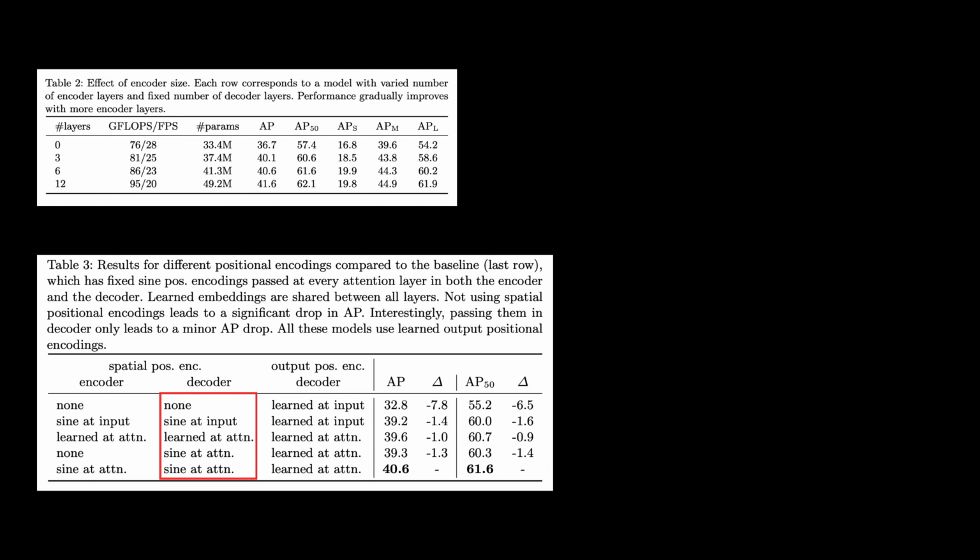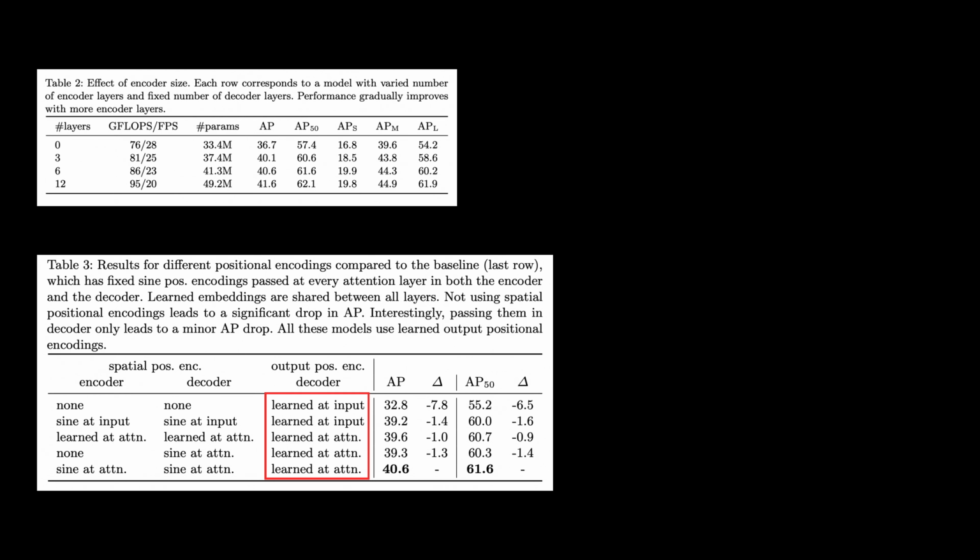For the decoder, they experiment with learned embeddings at the input or at the attention layers. The best variant ends up being fixed sinusoidal position embedding for image features at attention layers and learnable embeddings for query objects at attention layers.